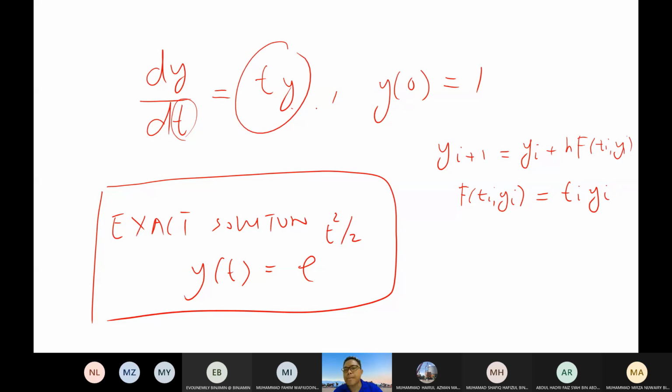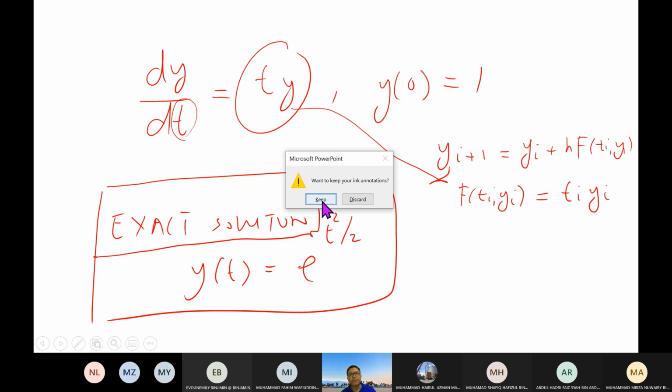Yang ini. Kita simpan ini because we want to use our Octave to solve this. Dan kita akan compare ini. This is kita punya jawapan tepat. Nanti kita nak compare dengan numerical approach. So are you ready to use Octave?